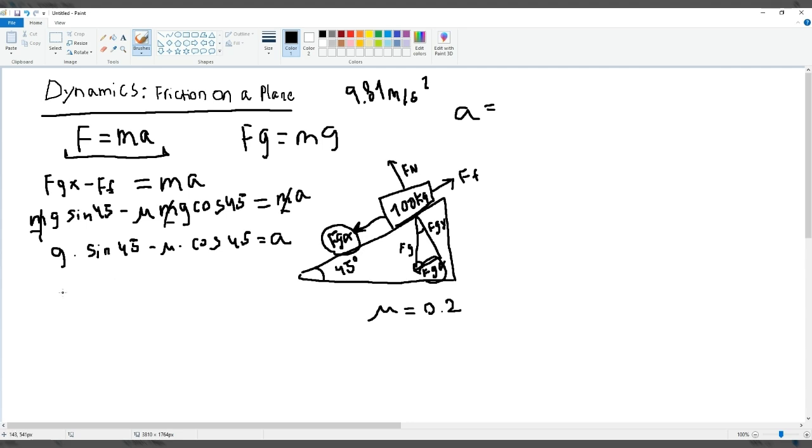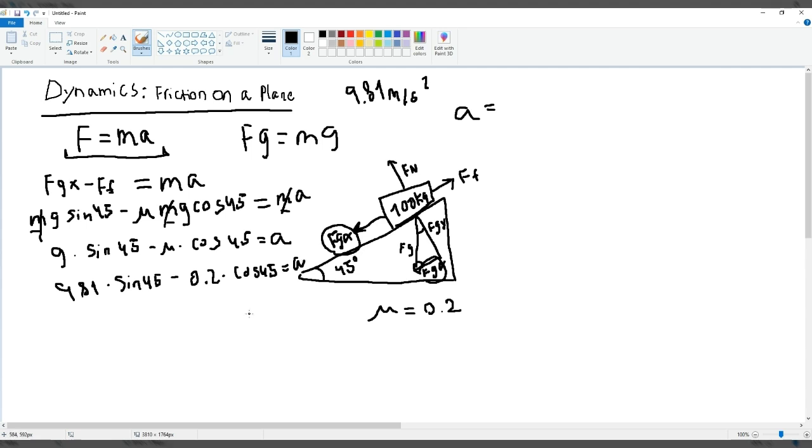So now we can substitute all our variables in, and we'll get 9.81 times sine of 45, which I'll have to calculate on a calculator, minus 0.2 times the cosine of 45, will cause the acceleration.